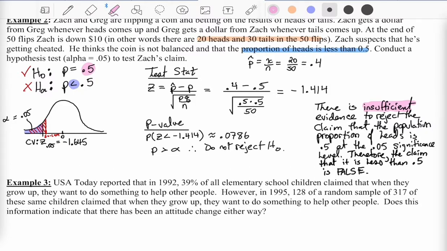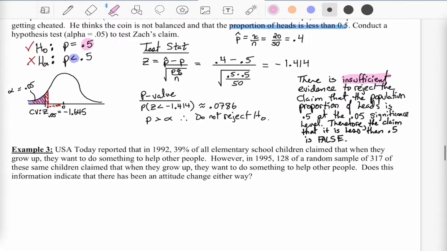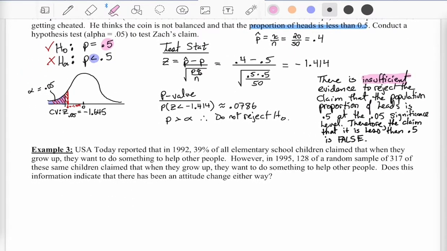All right. So looking at number 3, USA Today reported in 1992 that 39% of all elementary school children claim that when they grow up, they want to do something to help other people. However, in 1995, pretty vague, in 1995, 128 of a sample of 317 of these same children claimed that when they grow up, they want to do something to help other people.